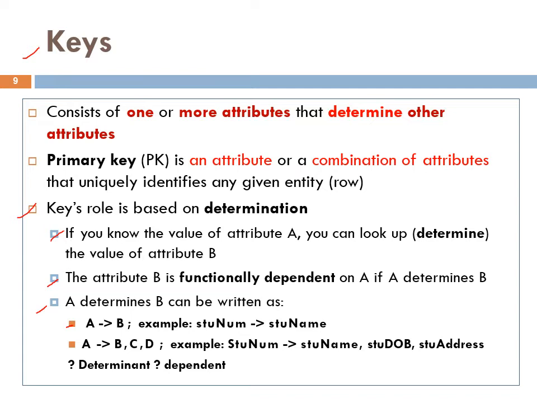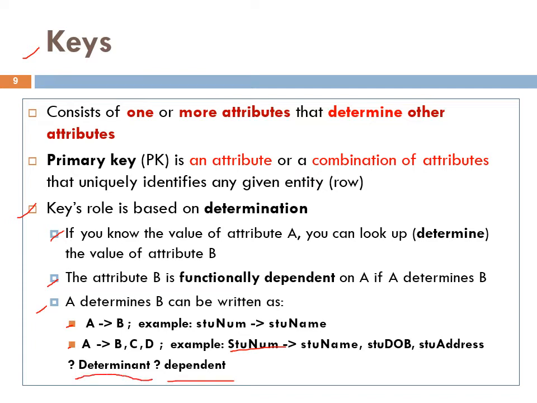So A can determine B, C, and D. By using a student number, you can determine a student name, student DOB, and student address. So just make yourself familiar with these keywords, determinant and dependence.